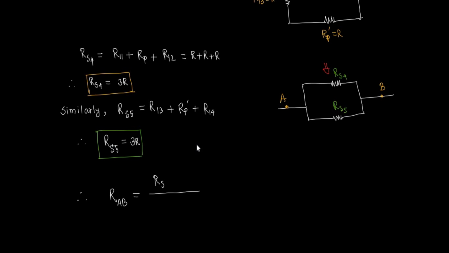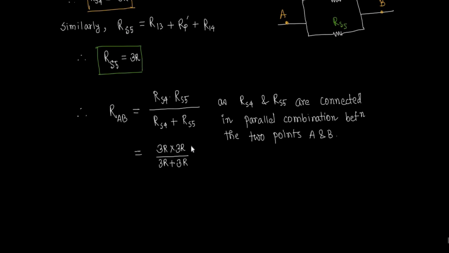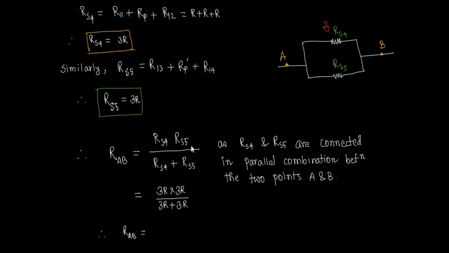Therefore, the equivalent resistance between the two points A and B will be RS4 into RS5 divided by RS4 plus RS5, as the equivalent resistances RS4 and RS5 are connected in parallel combination between the two points A and B. So we can say that RAB will be equal to RS4 divided by 2, and putting the values, we can write RAB as 3R into 3R divided by 3R plus 3R.